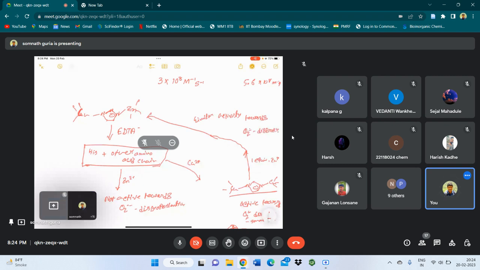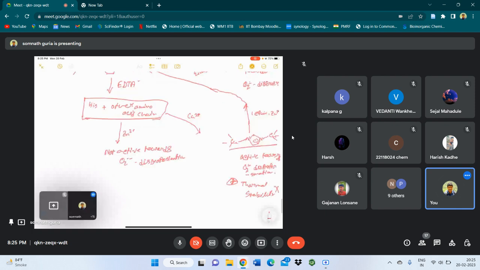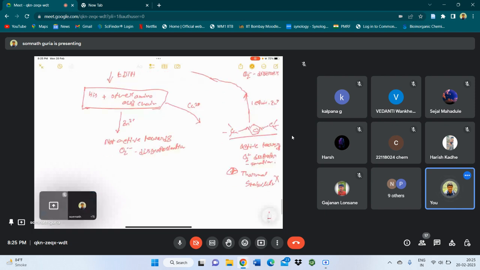So here zinc also plays a role in the stability of the superoxide dismutase, nothing else. Only the copper center plays the role for the electron transfer and the disproportionation reaction.